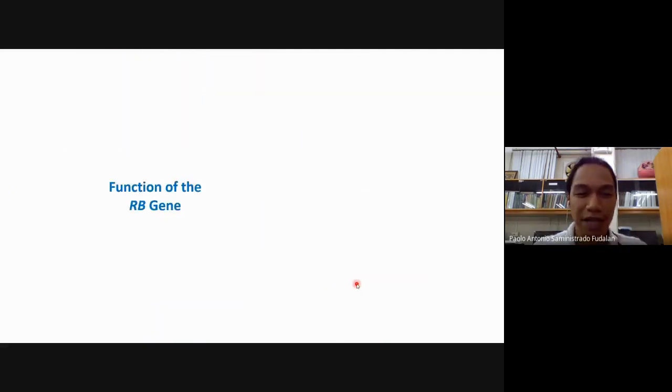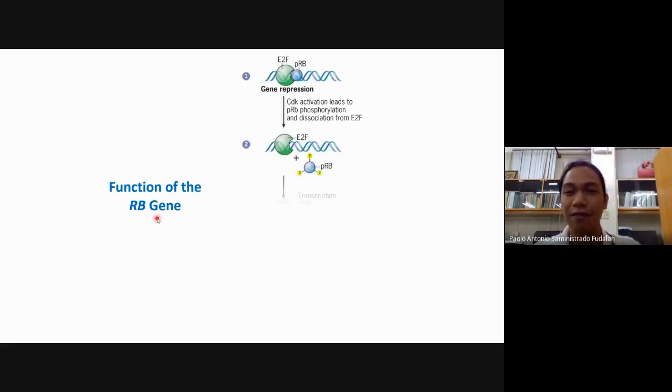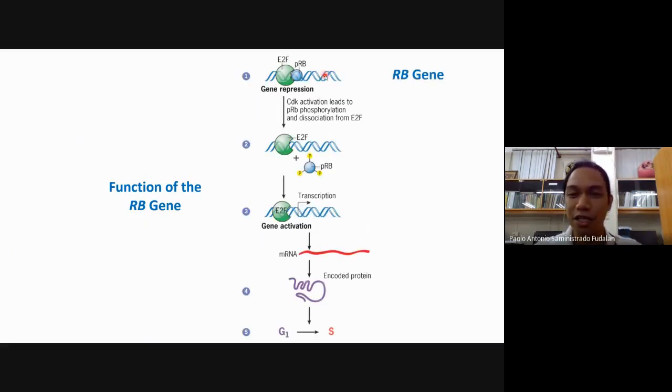So, unsa man ang function aning RB gene? Okay. So, the RB gene, as we see here, is the one that makes the protein RB, a protein. The protein RB actually prevents the transcription factor, the green one here, from transcribing this DNA, which can produce mRNA to produce a protein, which can promote the passage from G1 phase to S phase.